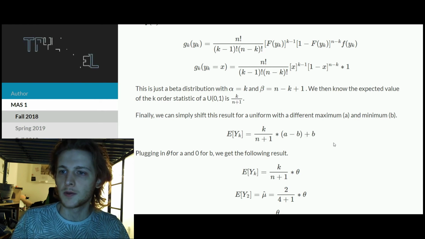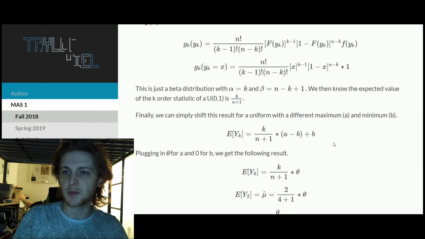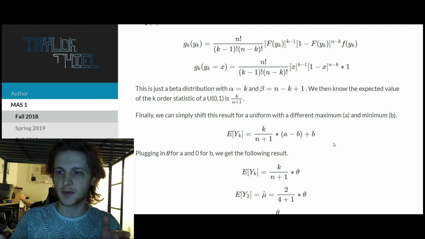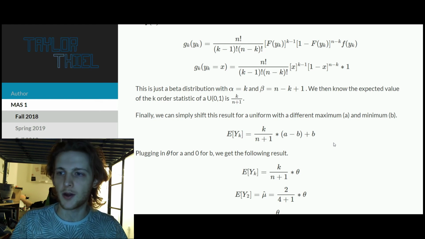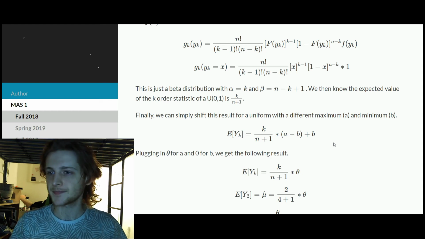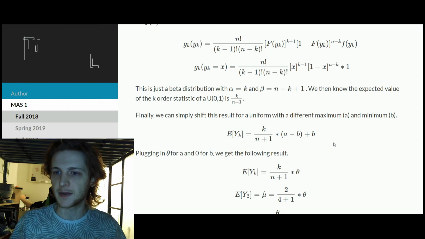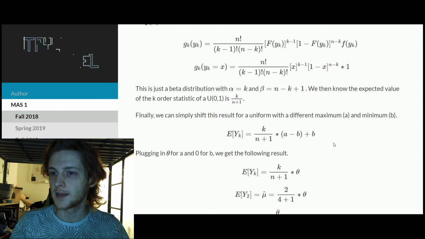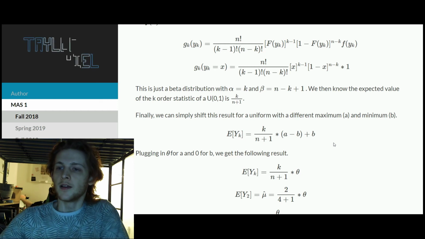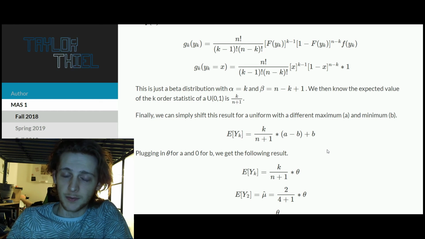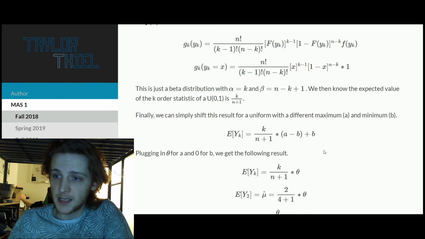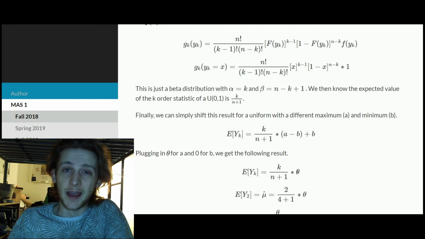So still k over n plus 1, but then we multiply by the width, which is the maximum minus the minimum, and then add on the minimum value, which shifts it to where it needs to be. We do that with theta set equal to the maximum and 0 set equal to the minimum, and that's how we end up with just k over n plus 1 times theta for our order statistic.